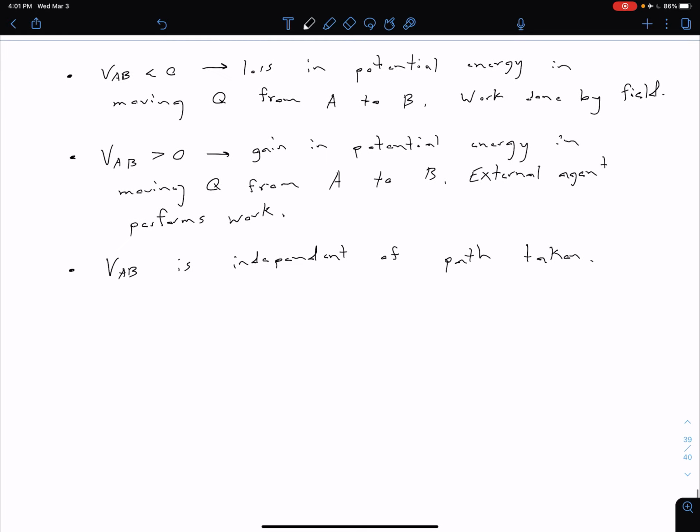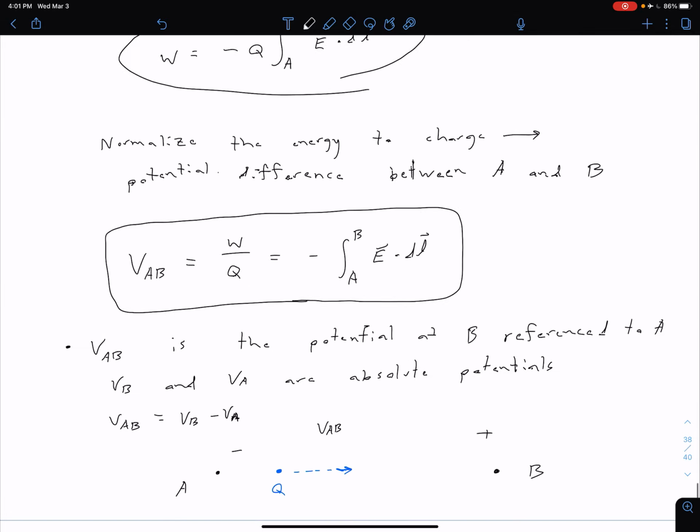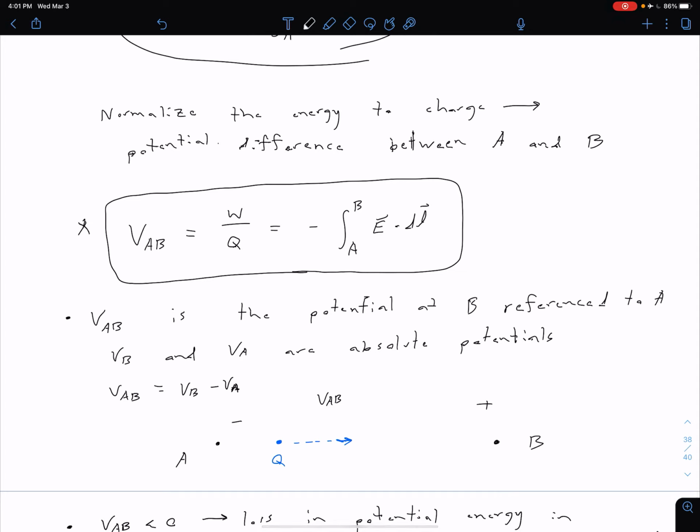And as you're hopefully well aware by now, the units for our VAB are dimensionally volts, but it can often be useful to remember that volts is joules per Coulomb. If you forget, we can easily remember that from this equation here, where we related our potential difference as the energy normalized to the charge, so W over Q.